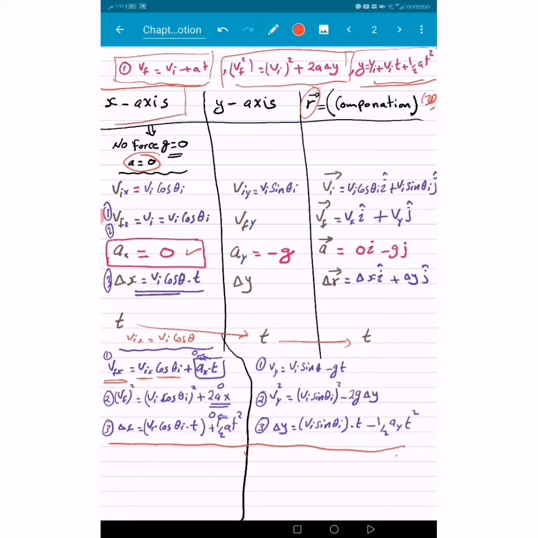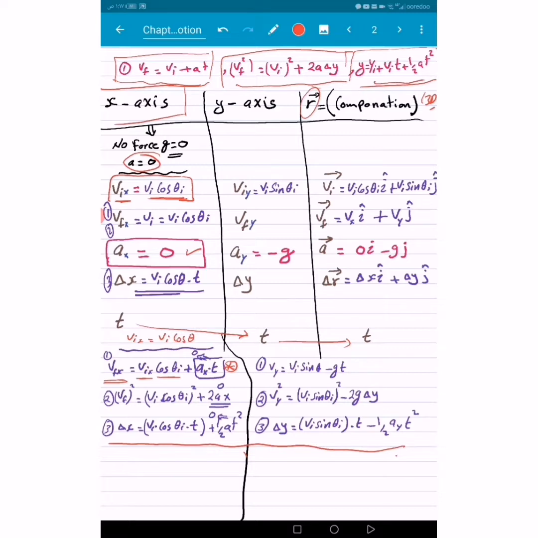In this part, the acceleration is equal to 0, so this part is 0. So the equation is V initial x is equal to V initial cosine theta in x. It is the first equation.